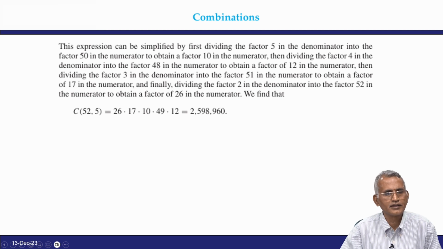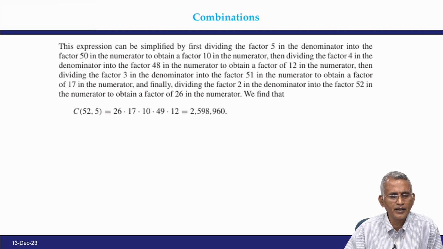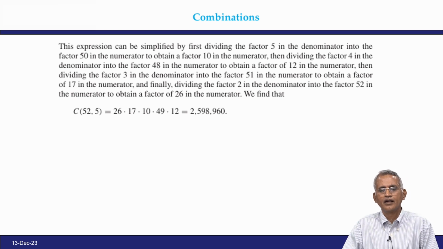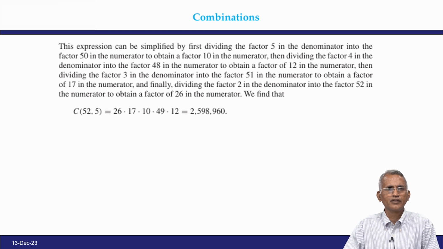Now, this expression can be simplified by first dividing the factor 5 in the denominator into the factor 50 in the numerator to obtain a factor 10 in the numerator. Then dividing the factor 4 in the denominator into the factor 48 in the numerator to obtain the factor 12 in the numerator.